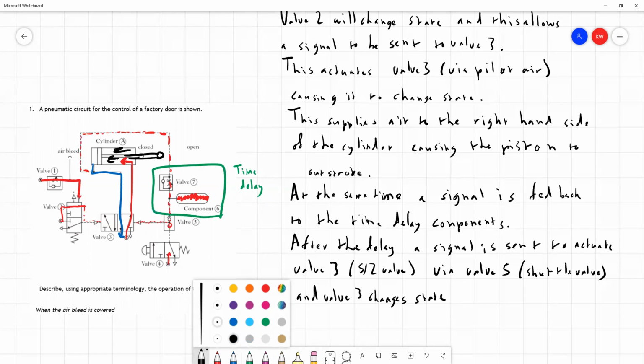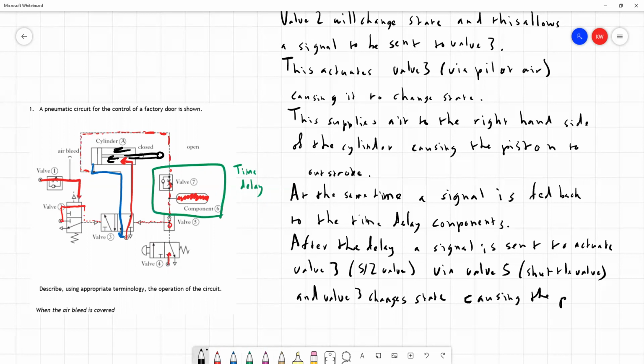We can just simply say valve 3 changes state. You could say supplying air to the right hand side, but I'm just going to say here causing the piston to instroke. And that's us almost done.